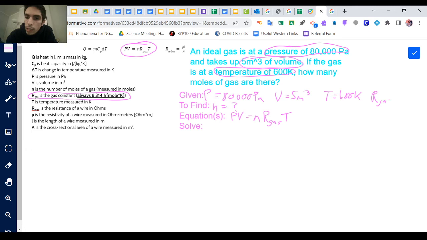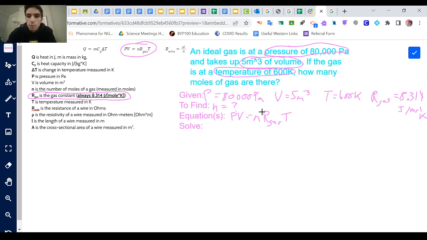So I'll just write that down as sort of a given for us: 8.314 joules per mole Kelvin. So we'll be able to plug this number in, even though we're not given it, that's always going to be this 8.314 for the gas constant.